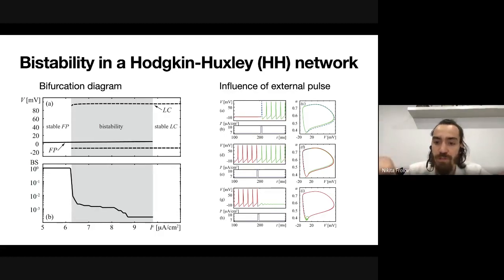However, if the pulse is given in the proper phase, the limit cycle trajectory is transformed in a way that the point in the phase space is attracted by the fixed point, and after the pulse, the trajectory converges to the fixed point and is locked in this attractor.